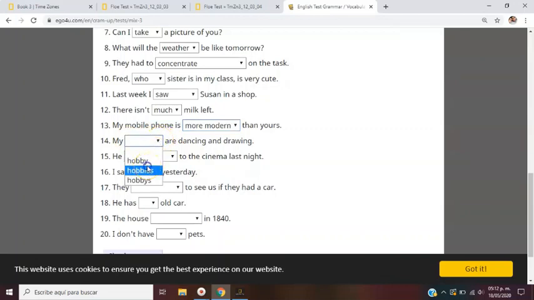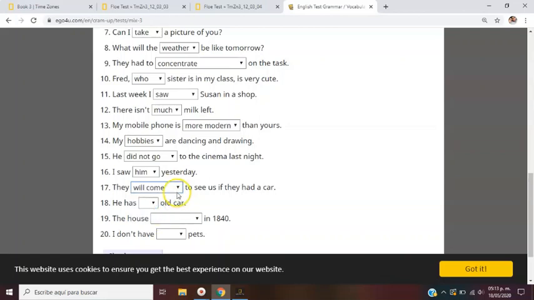My hobbies are, because we have plural. Number 15. He to the cinema last night. He did not go. Okay? I saw him yesterday. We cannot use she or their, because we are talking about pronouns. Okay?